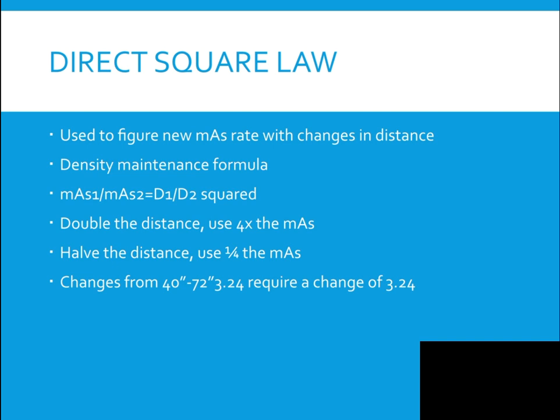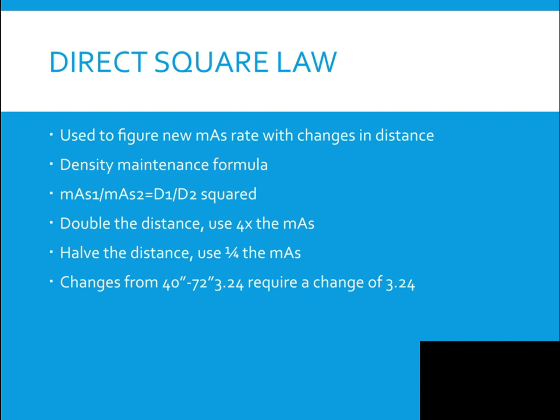You still have to square it, but because we decrease our intensity as we double our distance, what we're going to have to do is increase our mass by the same amount. So if we increase our distance by a factor of 2, then we're going to have to use 4 times the mass. If we decrease the distance or halve the distance, then we're going to have to use 1/4 of the mass.